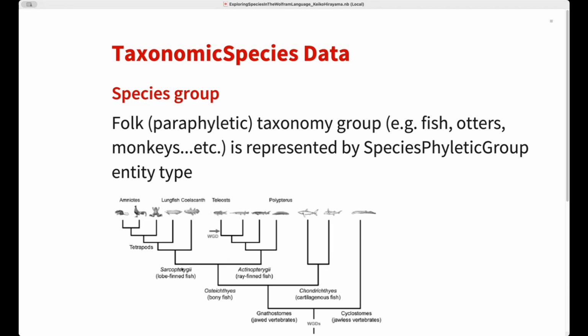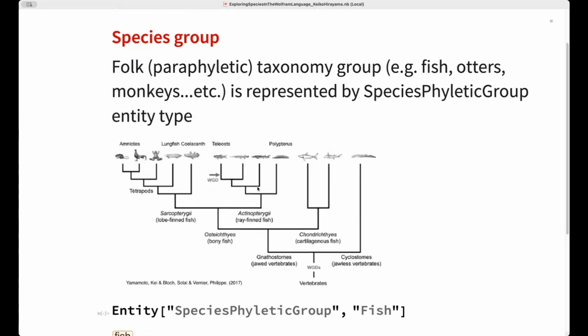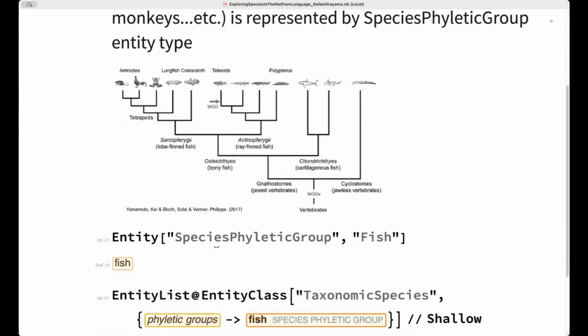So for example, some lobe-finned fish in this illustration belong to the same taxonomic branch as mammals, birds, or amphibians, while ray-finned fish or cartilaginous fish are on different branches represented in the tree. So these are so-called folk taxonomy groups, and this is now represented as an entity, species phyletic group.